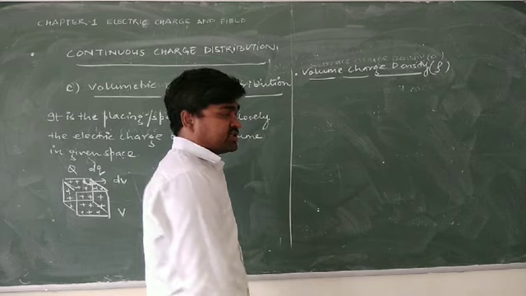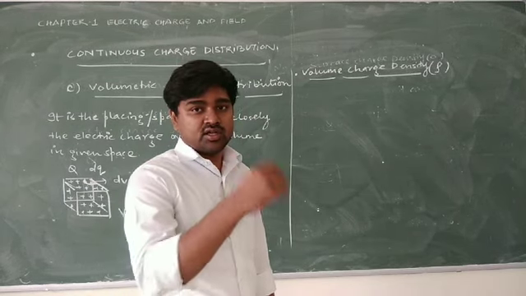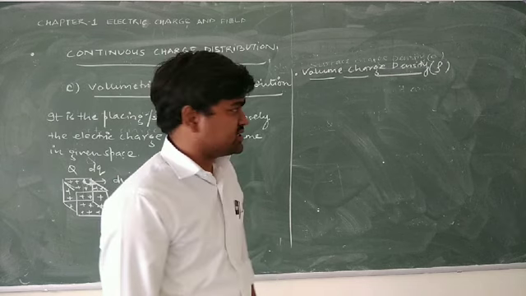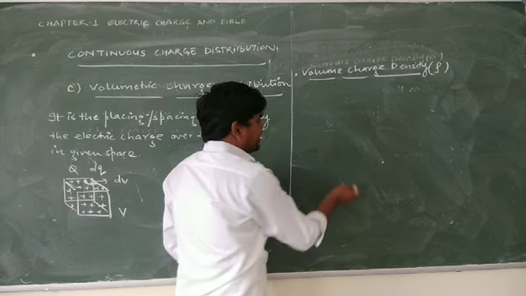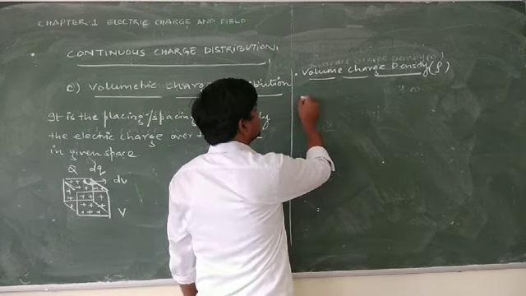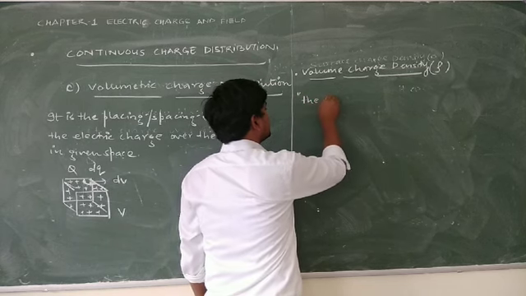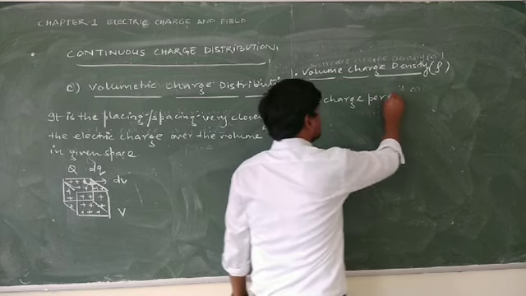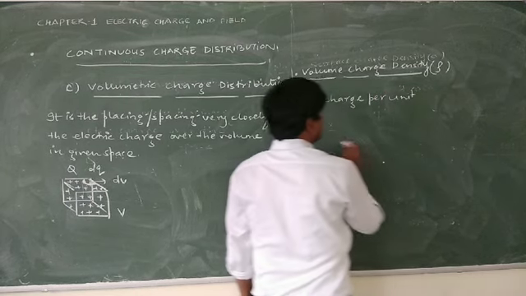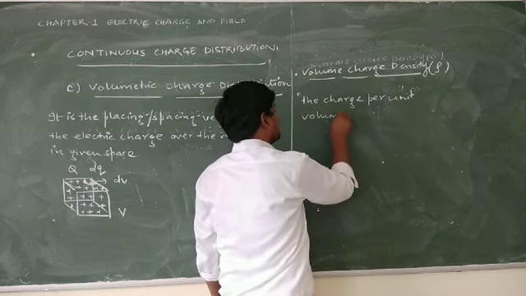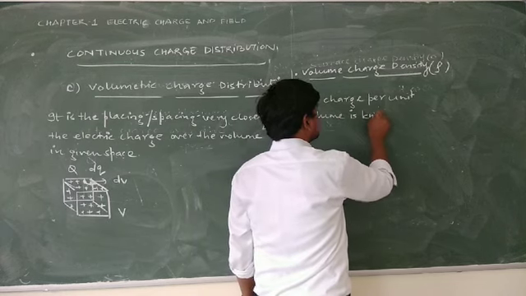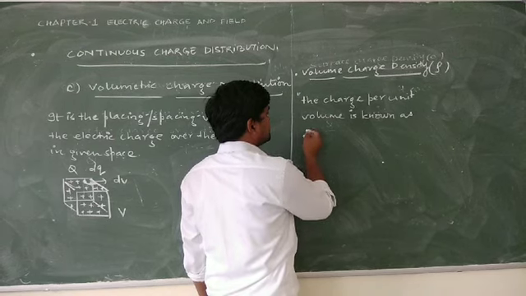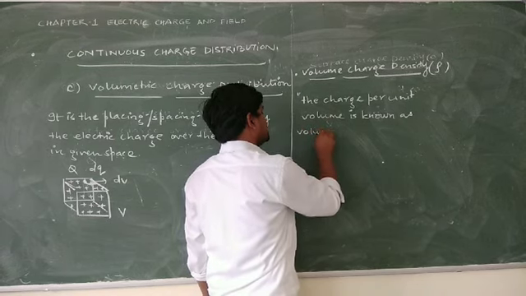So its definition is very similar to that of linear charge density and the surface charge density. How can we define it? The charge per unit volume is known as volume charge density.